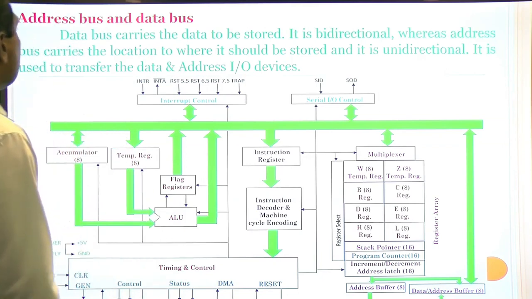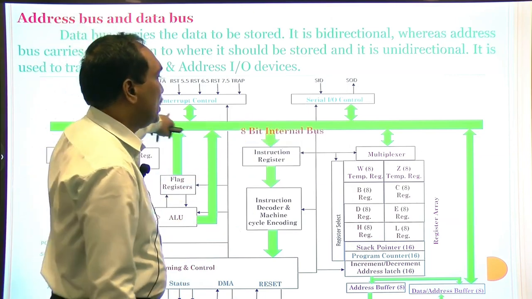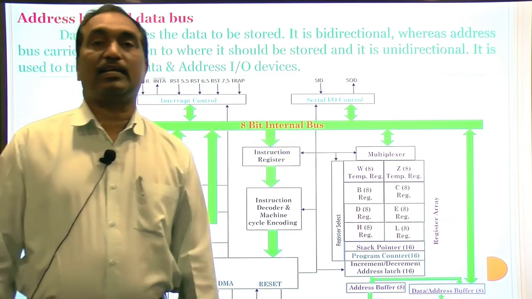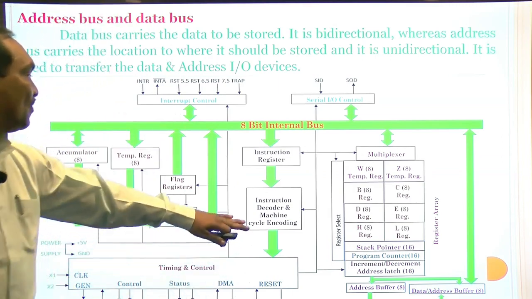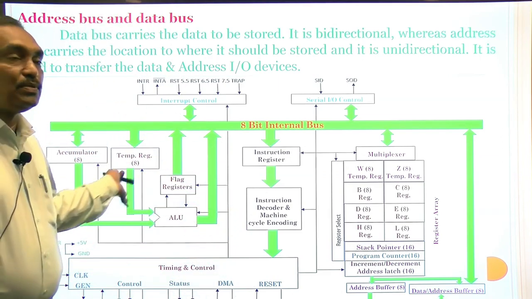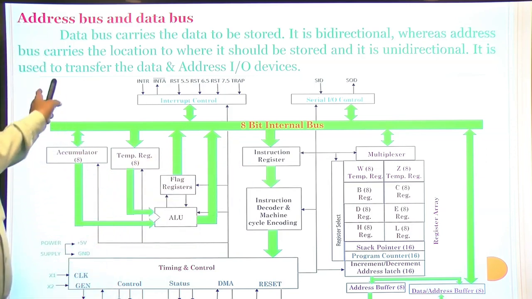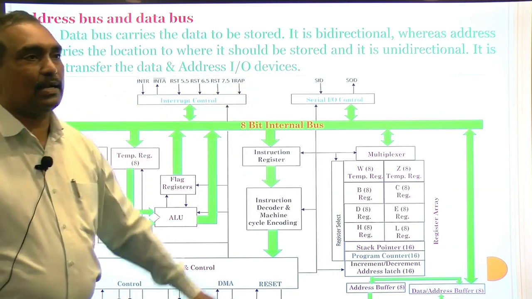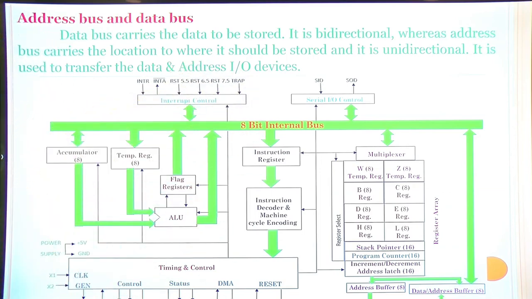The next one is the address bus lines and data bus lines. In general, these lines are called cables. To transfer data from one place to another, we use these lines. There are two types: bidirectional lines and unidirectional lines, that is the data bus and the address bus.